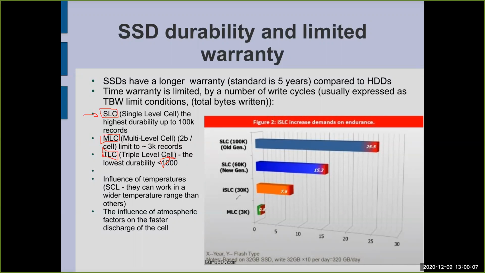So if you write and read new data in this area, it may happen that your drive fails even sooner. So remember that if you have a solid state drive, you should have at least 30% of free space all the time.